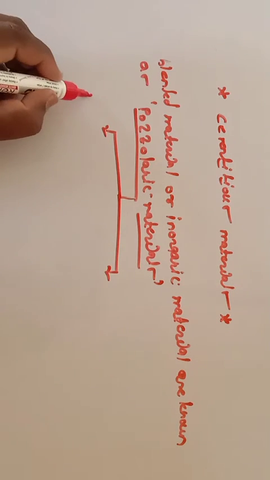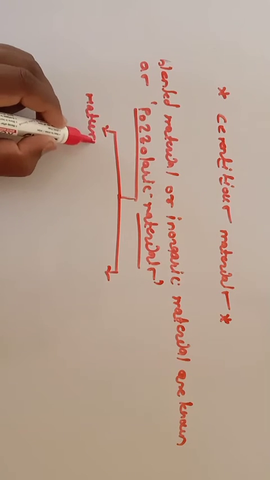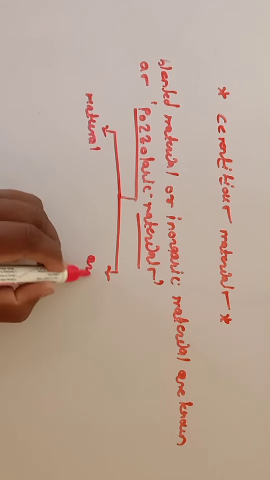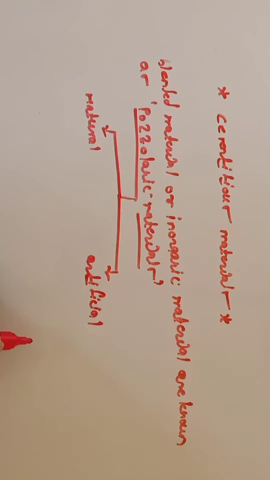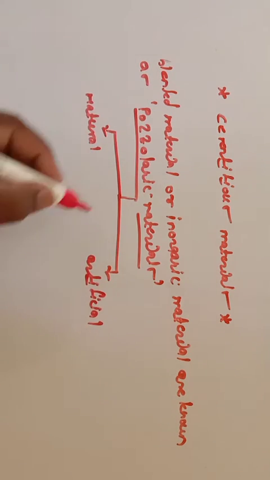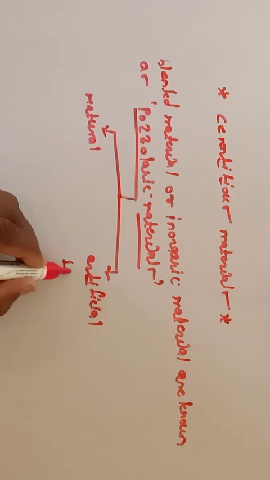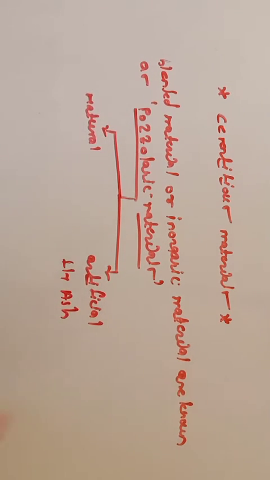One is natural, and second is artificial. We already discussed that fly ash is an artificial pozzolanic material. Then silica fumes is also an artificial material.